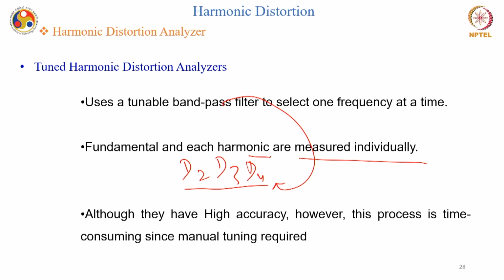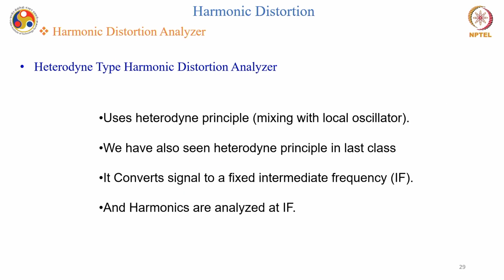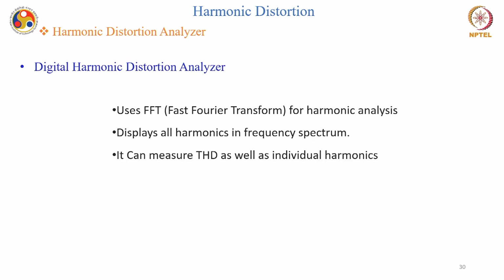Okay. The other type of harmonic distortion analyzer is the heterodyne type harmonic distortion analyzer. As the name suggests, it uses the heterodyne principle, where mixing with a local oscillator is involved. We have also seen the heterodyne principle in our previous class. Okay. It converts the signal to a fixed intermediate frequency, and all the harmonics are analyzed at this intermediate frequency level.